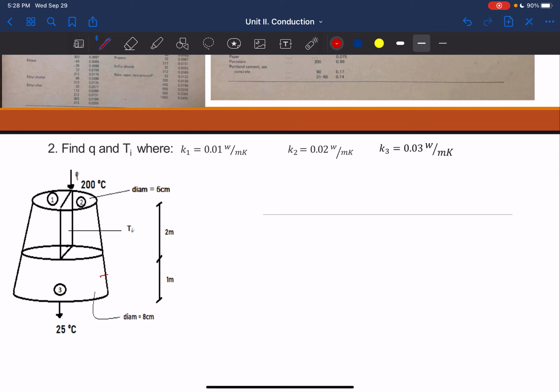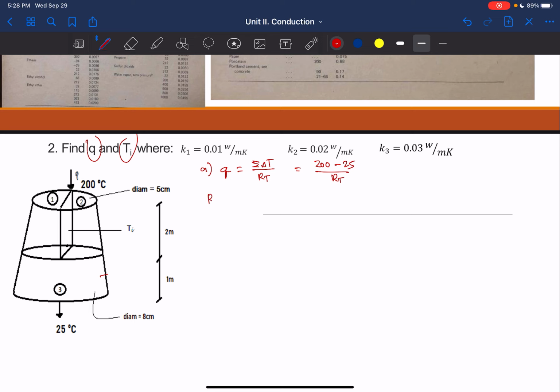Okay, so we have here, that's to find Q and T1. To get a head start, Q is equal to your summation of your delta T over your total resistance, which is 200 minus 25 over RT. We need to get R1, R2, R3.